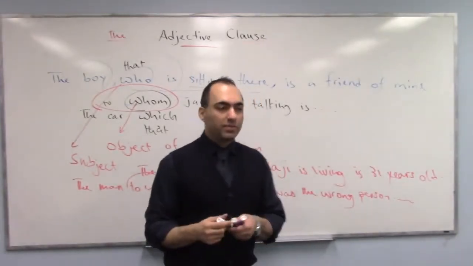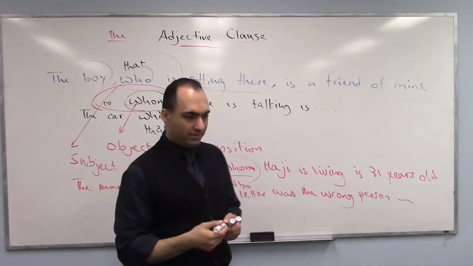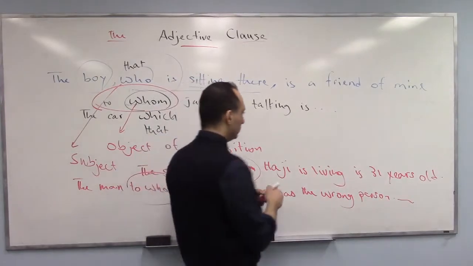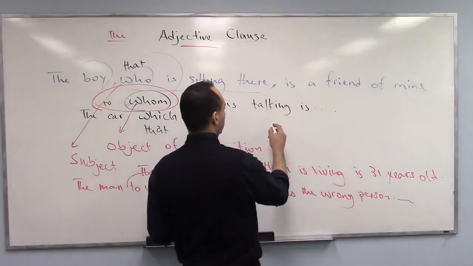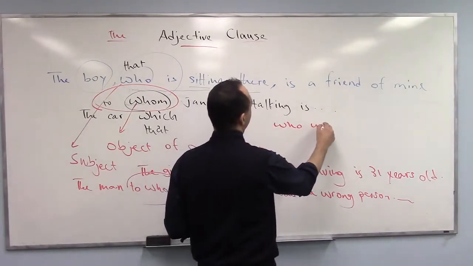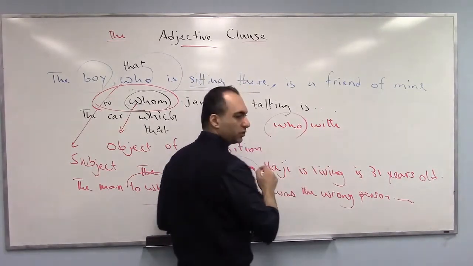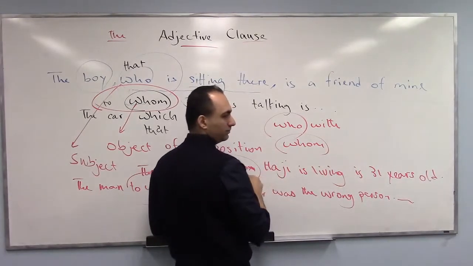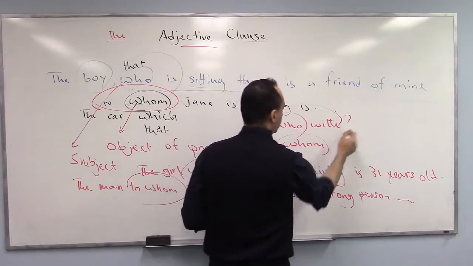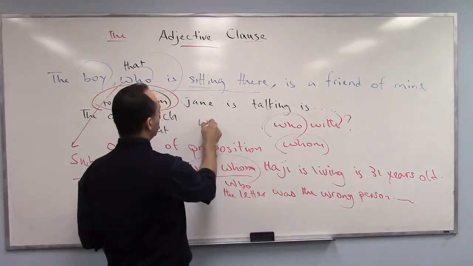Whenever you have a preposition plus who, sometimes we say who with, what with. In spoken English, we rarely use whom. But when a preposition comes, I can say with who, or I can say who with.